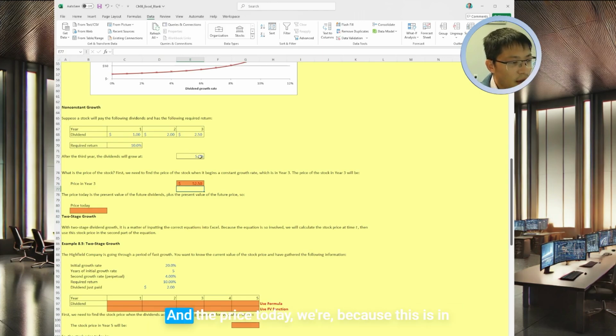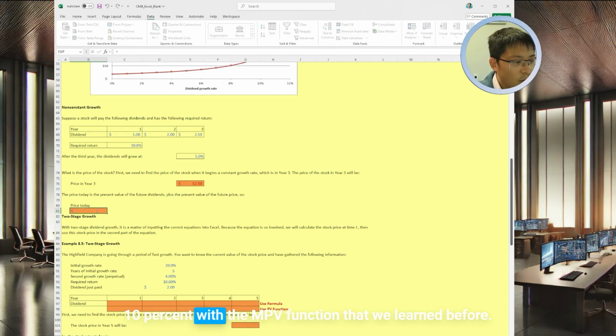Close it, and we get the price at year 3 is $52.50. And the price today, because this is in year 3, we also have some cash flow here. What we also do is discount everything using the 10% with the NPV function that we learned before. Rate is 10%. Cash flow will be year 1, year 2, year 3.